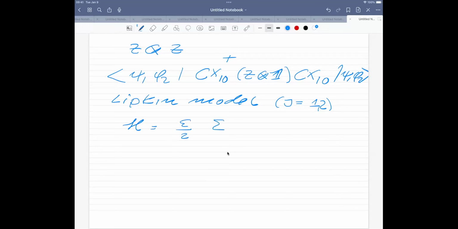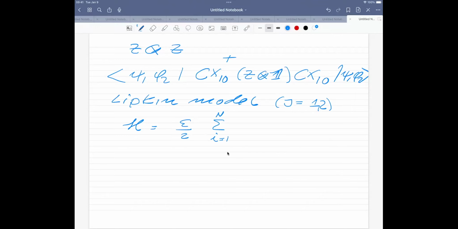There is a sum over i, where n stands for the number of qubits, which is also loosely translated into the number of particles.